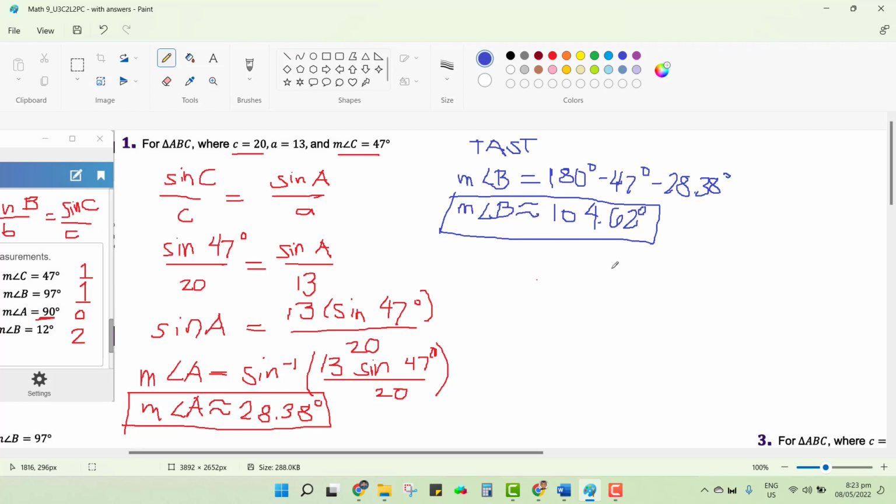Another piece of advice that we can use here: now that you have the measurement of angle A, you might get tempted to pair it with side A just to get the measurement of B. Right?